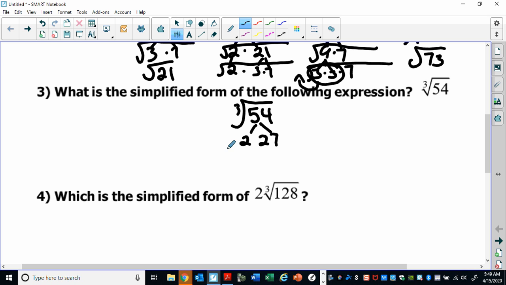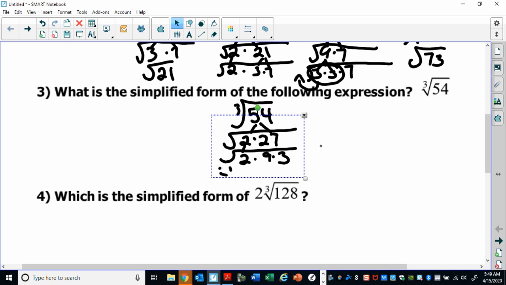Remember, you keep that all under your radical. Bring that down again. You do 2 times 9 times 3. Bring that down one more time. Sorry about that. And we're going to bring that down. We're going to erase that.